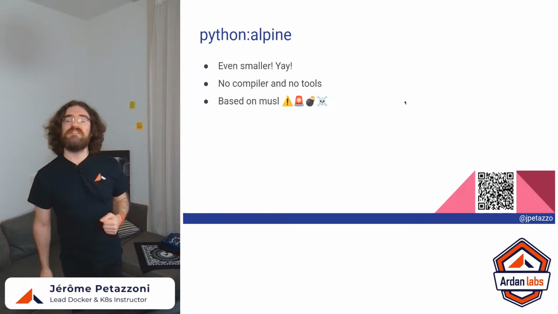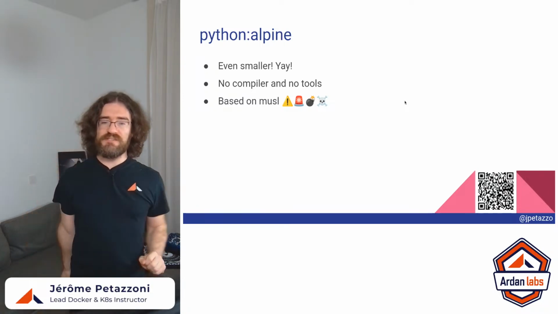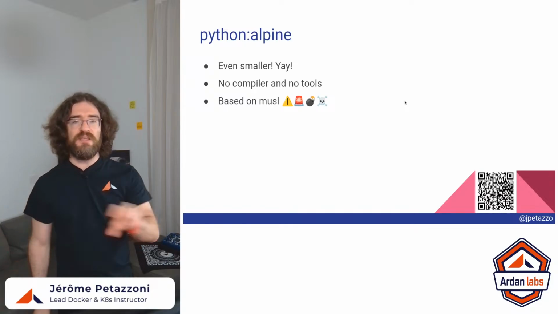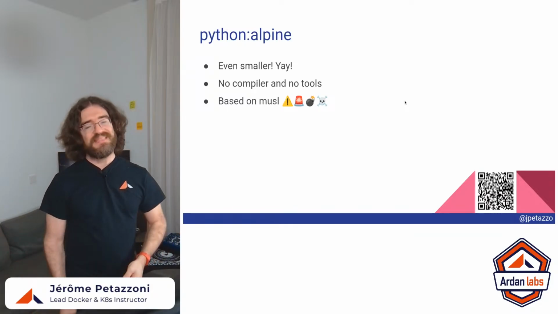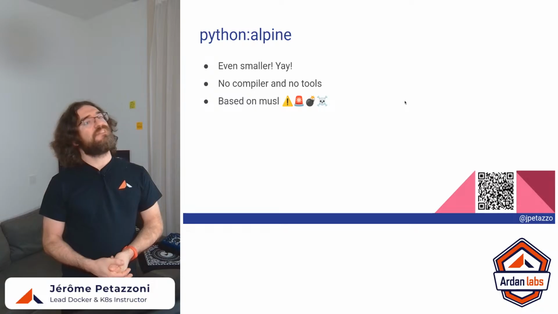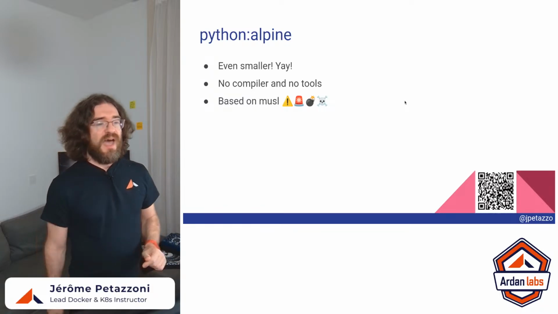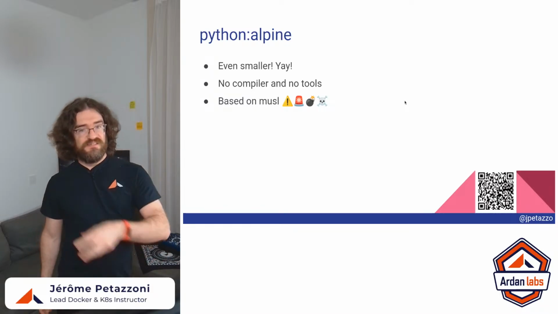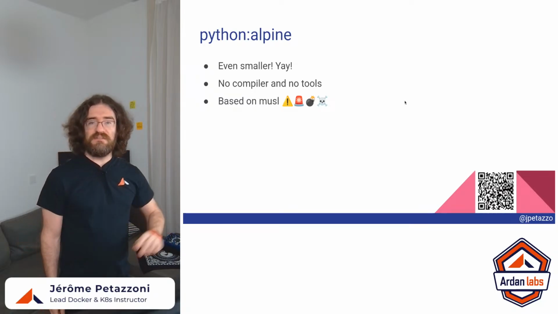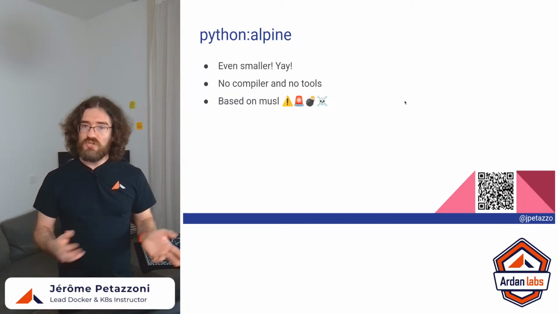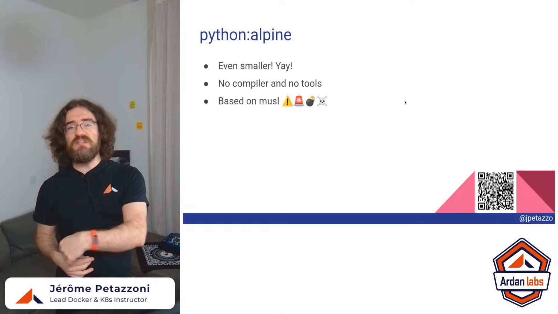So if I compile something on a normal Linux system, and then I take that binary to an Alpine system, chances are that it's not gonna work, and vice versa. However, I can always take the source and build it on Alpine, and it's gonna work just fine. But that means you need to recompile.